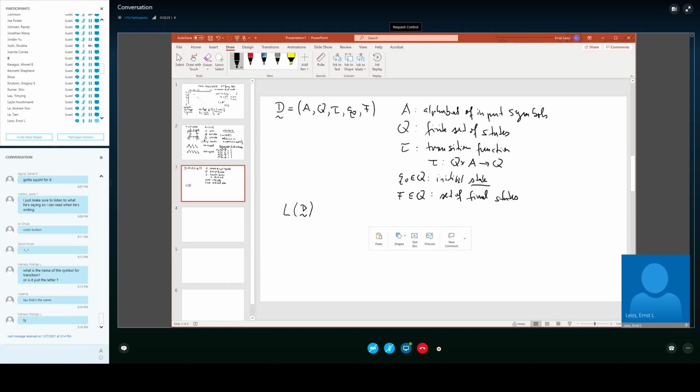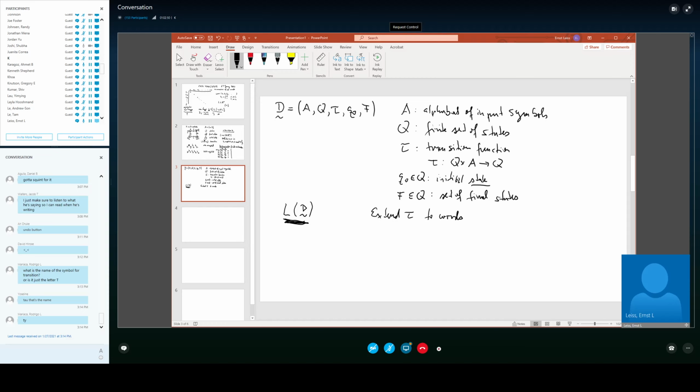Well, in order to be able to do that, we have to actually do some additional work. This is what we're obviously interested in. But in order to be able to define that, we have to extend tau to words.